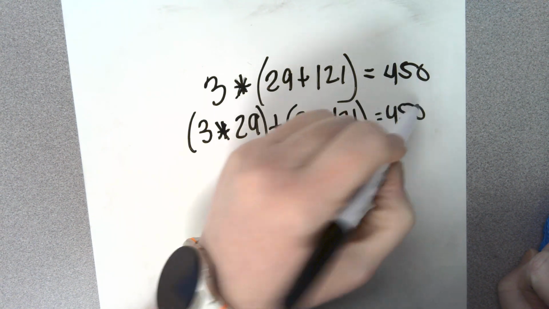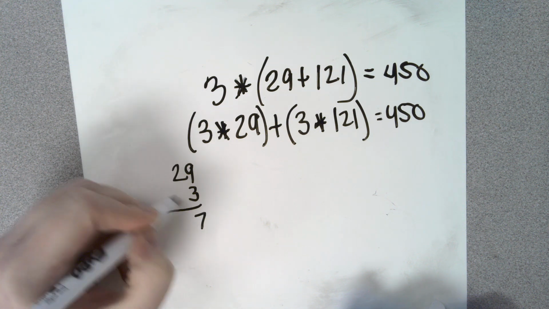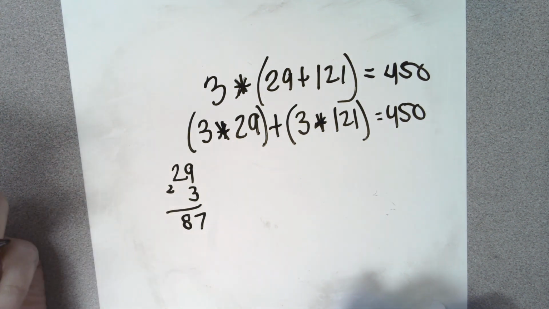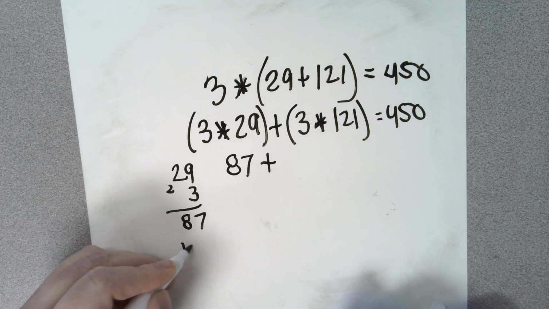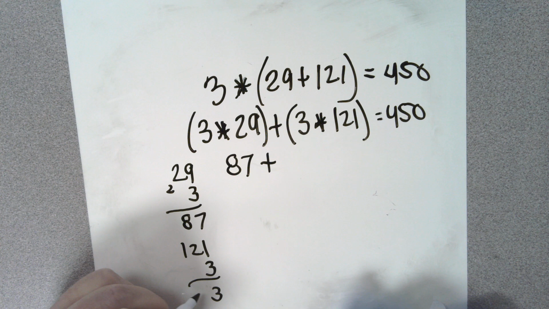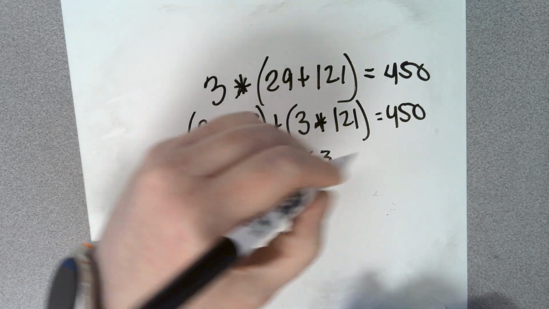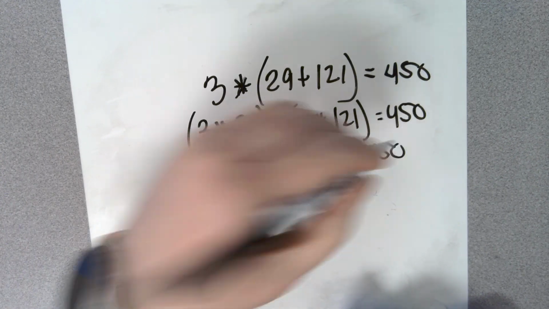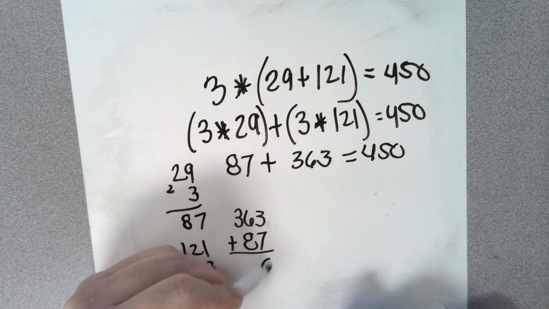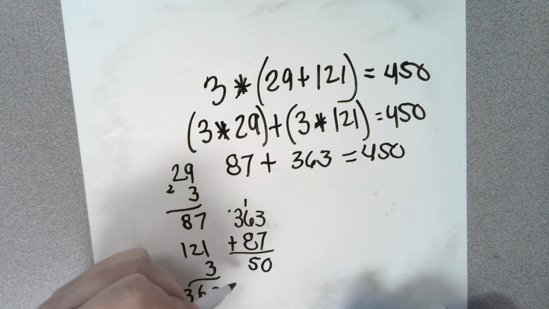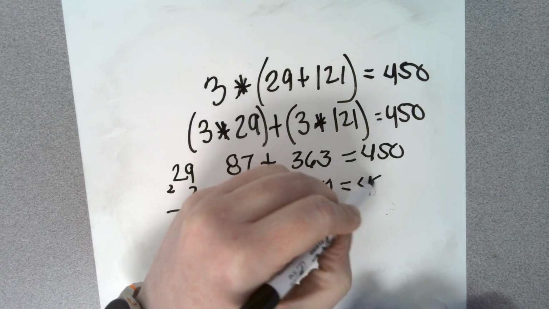I scared myself for nothing. So you multiply 3 times 29. 29 times 3 is 87. Plus 121 times 3, 363. And then we have 363 plus 87, 10, carry the 1, 14, 15, carry the 1, 450. So it's true. 450 equals 450.